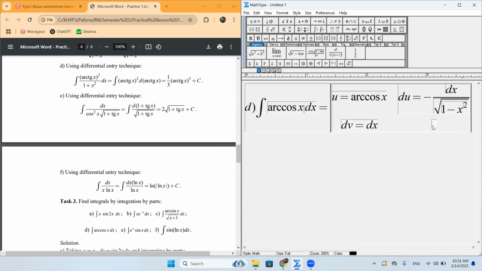So v equals x. So now we have everything to integrate by parts, so let's calculate.